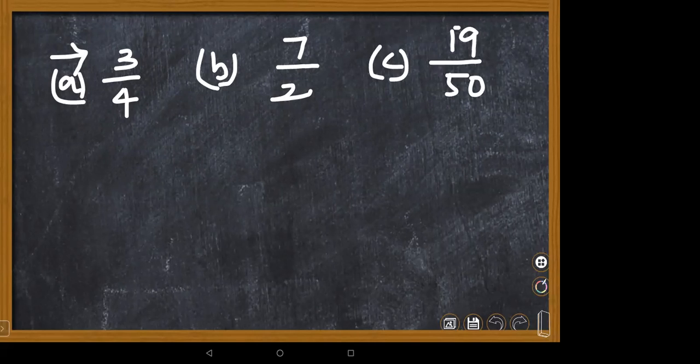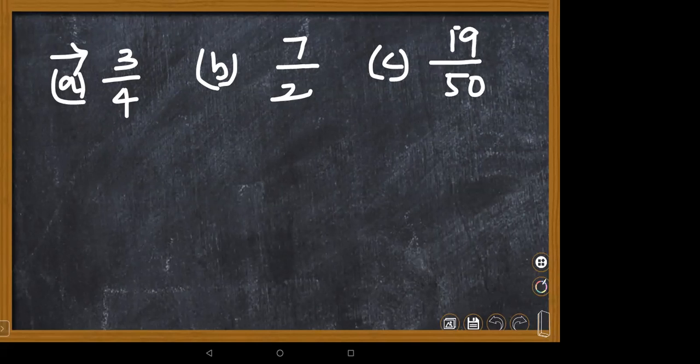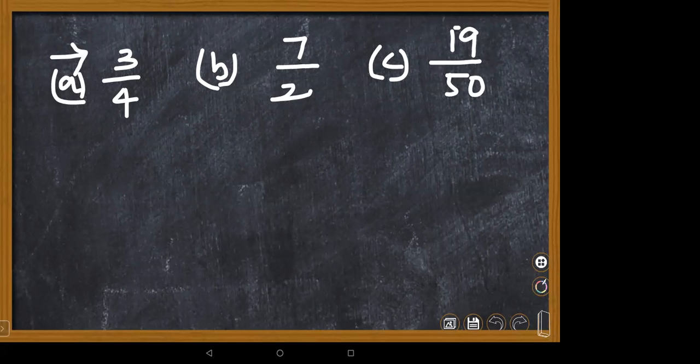Just now I said, 4 how many times makes 100, children? 25 times. Very good, Vanika. 4 into 25 or 25 into 4, both are the same.